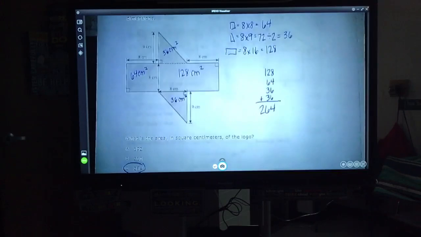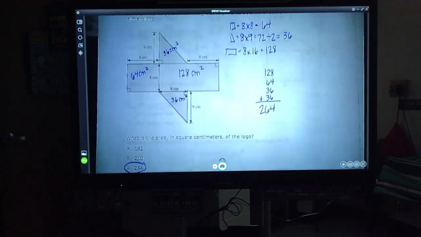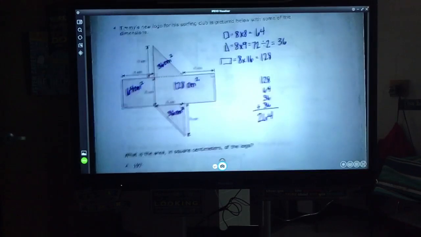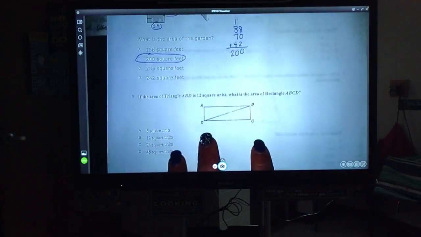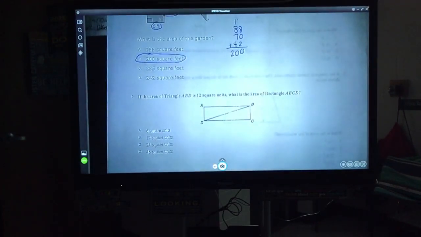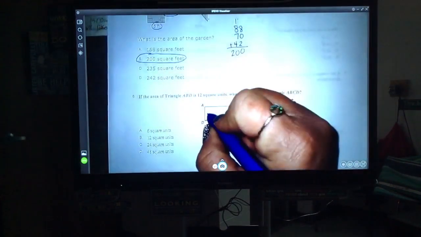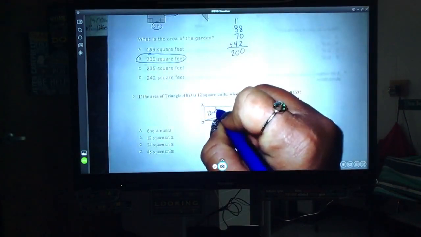All right, what else do we want to go over? I want to go over this problem. It says if the area of triangle ABD is 12 square units, what is the area of the rectangle ABCD? So this is 12 units squared, correct?